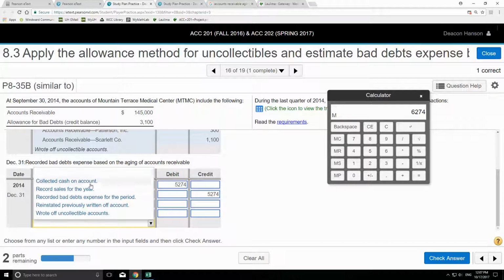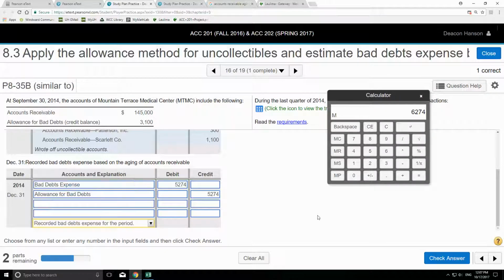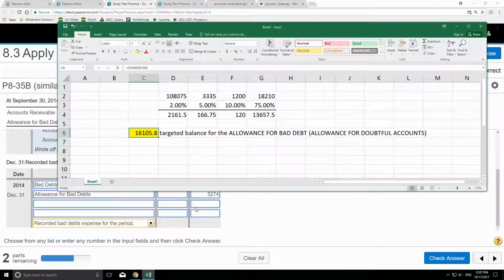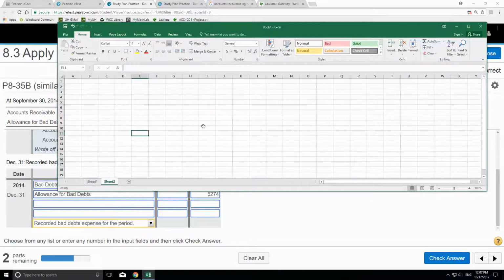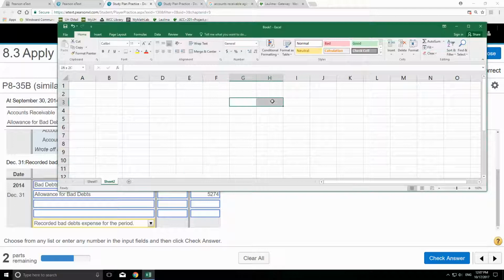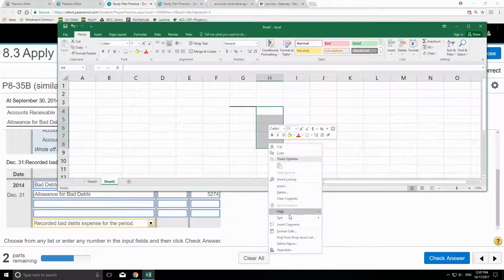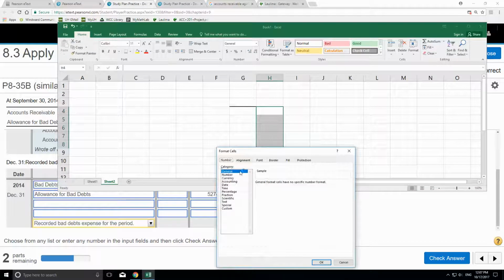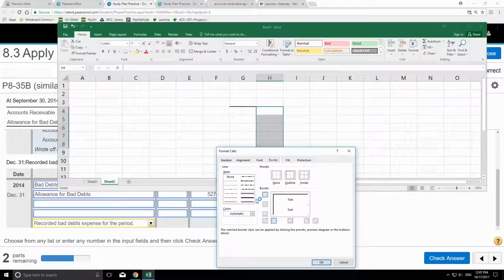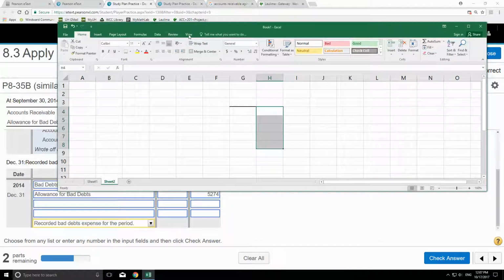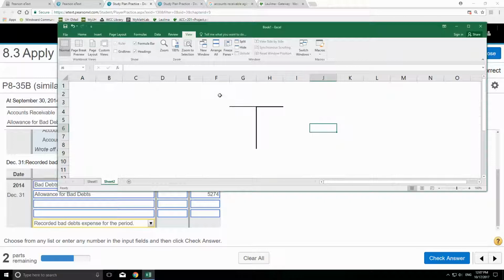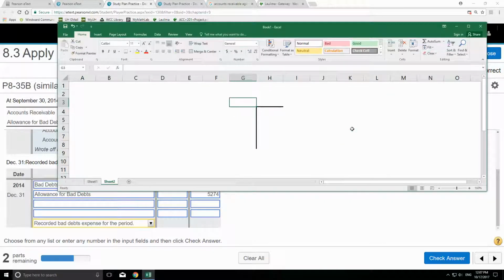Okay, let's see. Let's record bad debt expense. And like I always said, I did that in my head, but it would have probably been better for me to have done a T account, right? So here's our T account.